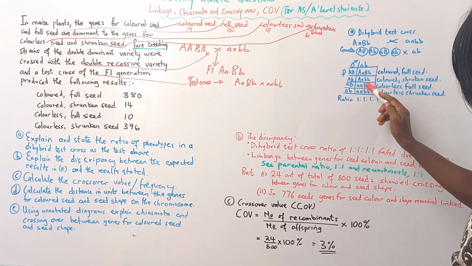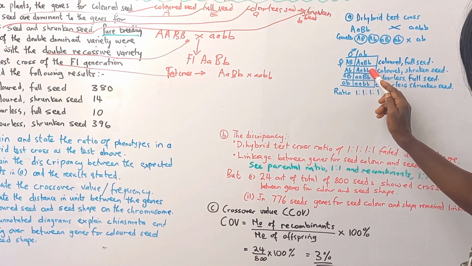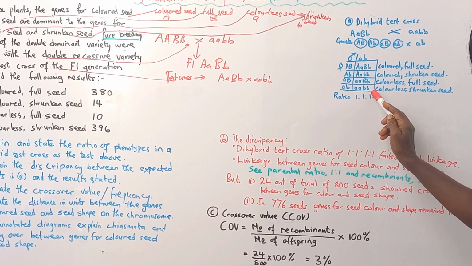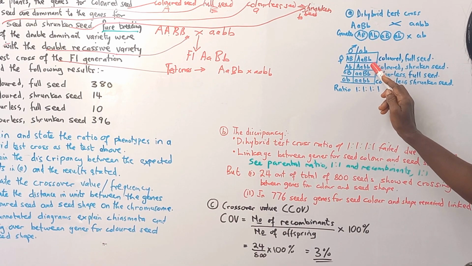This is what we get: colored full seed, colored shrunken seed, colorless full seed, colorless shrunken seed, and we have 1:1:1:1, one out of four each.